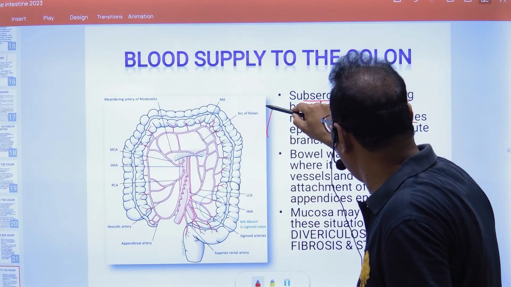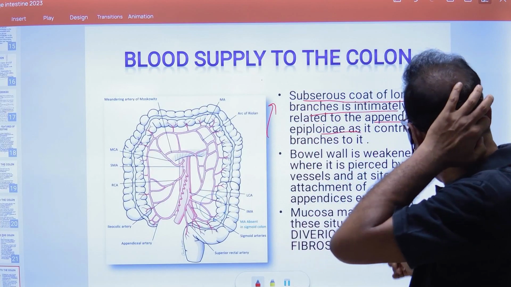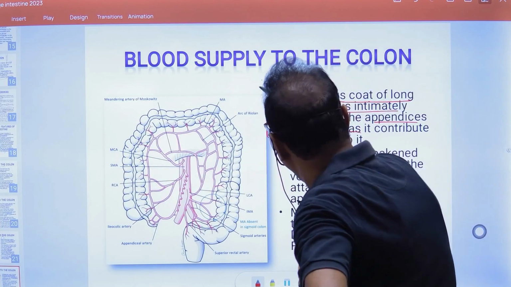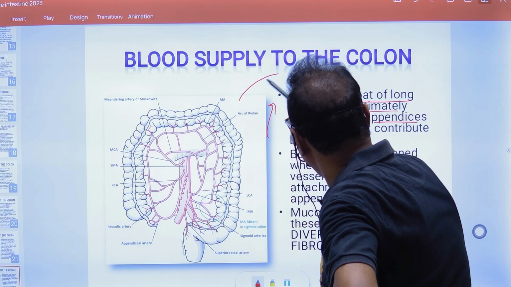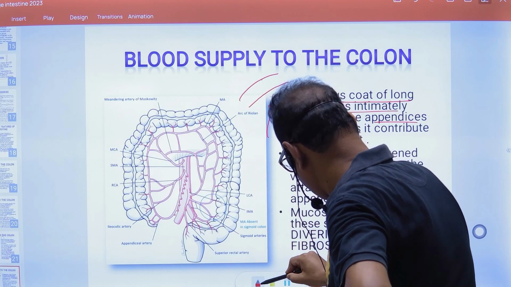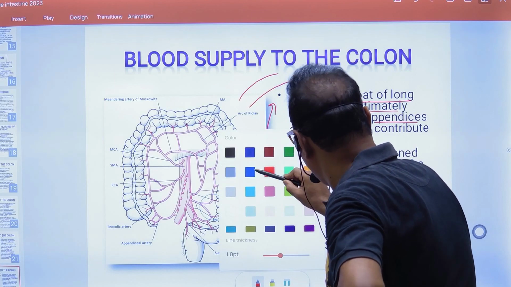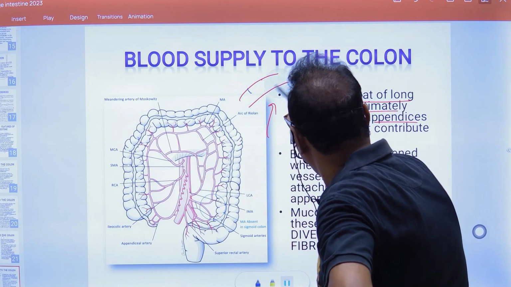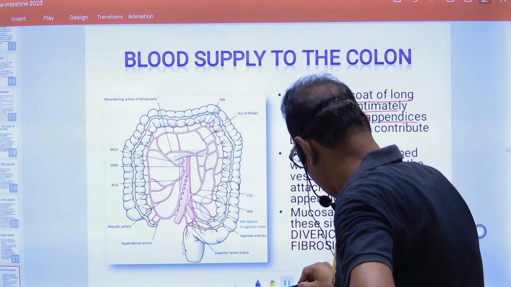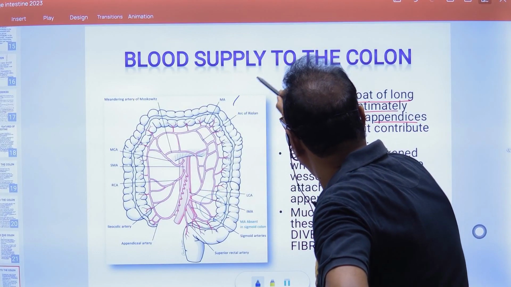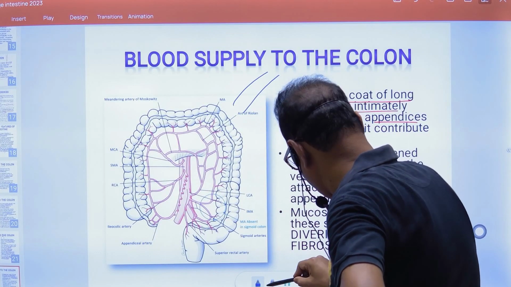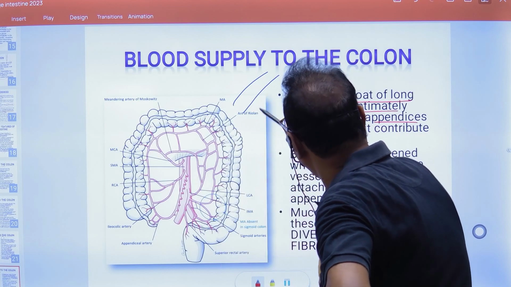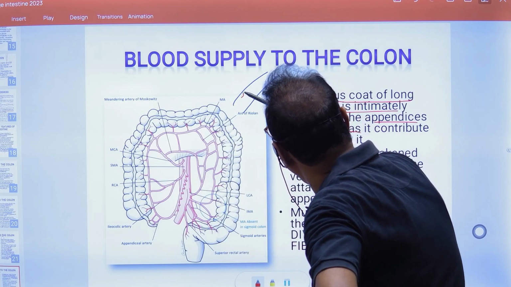The long artery will enter over here. This is the bowel wall, and the artery will push over here.